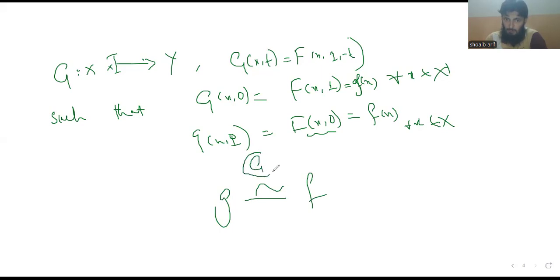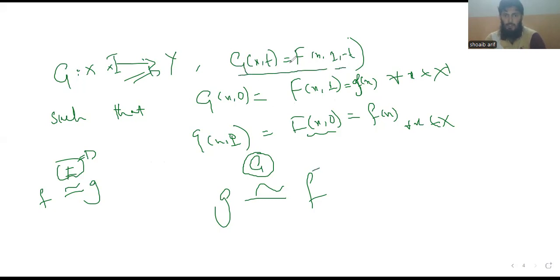So there is a homotopy G. We have the given condition that f is homotopic to g, with F a homotopy, and then we construct this homotopy for g homotopic to f. The equation is G of x comma t equal to F of x comma 1 minus t.